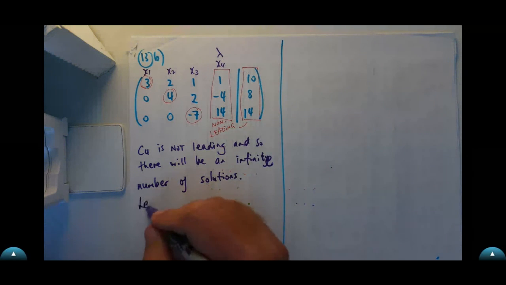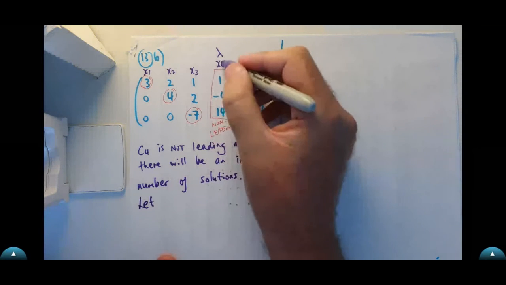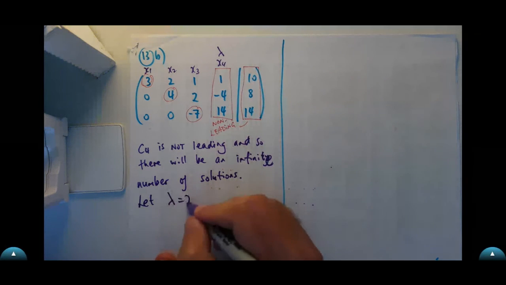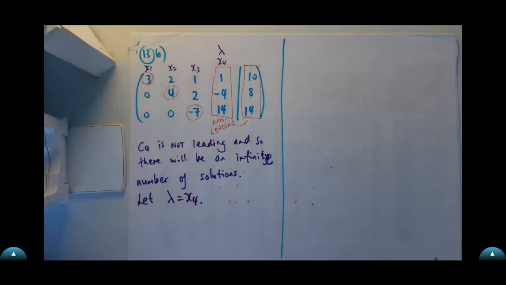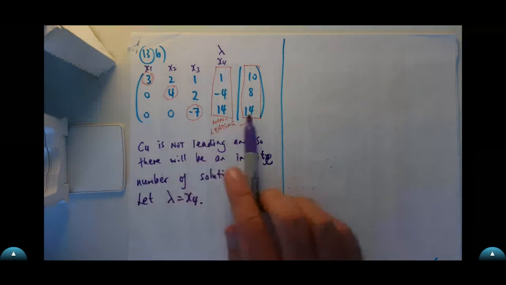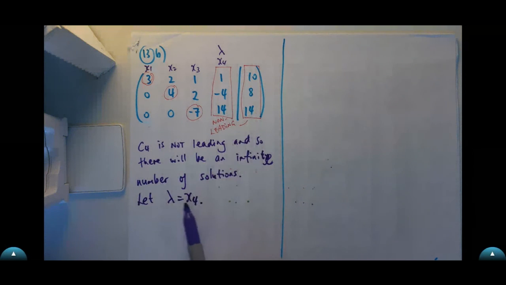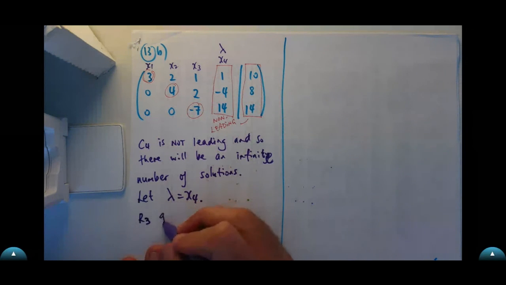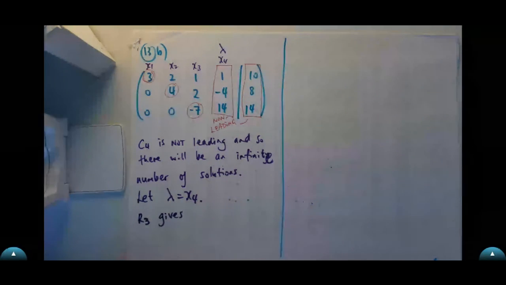Whatever the non-leading columns are, you let that variable be the parameter. And so once you've let lambda equal x4, you can just start at the bottom row and do what's called back substitution.